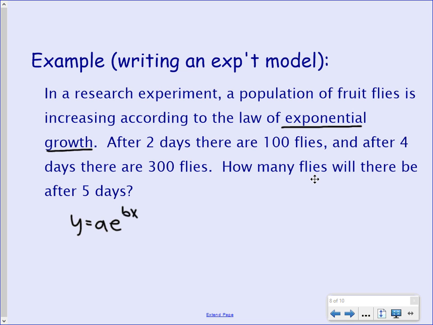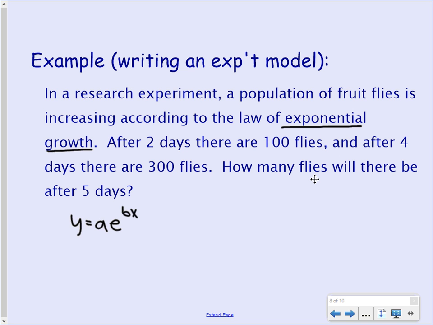Okay, let's see what we came up with. They give you some information, right? Do they give you any of the information you really want? No. Oh, so you're saying that could be the initial amount? There has to be at least 2, but I could have started with more than that, couldn't I?